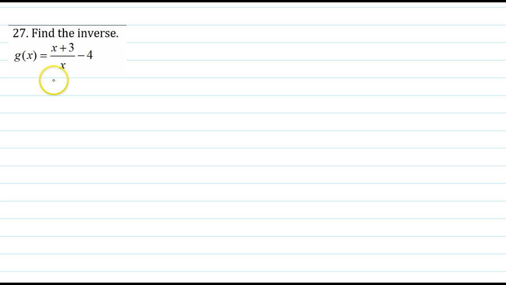All right, 27, we're going to change the problem just a little bit, make this a 5. Okay, so we have replace the g of x with y equals x plus 3 over 5 minus 4. And so to find the inverse, all we do is we switch the x and y's.